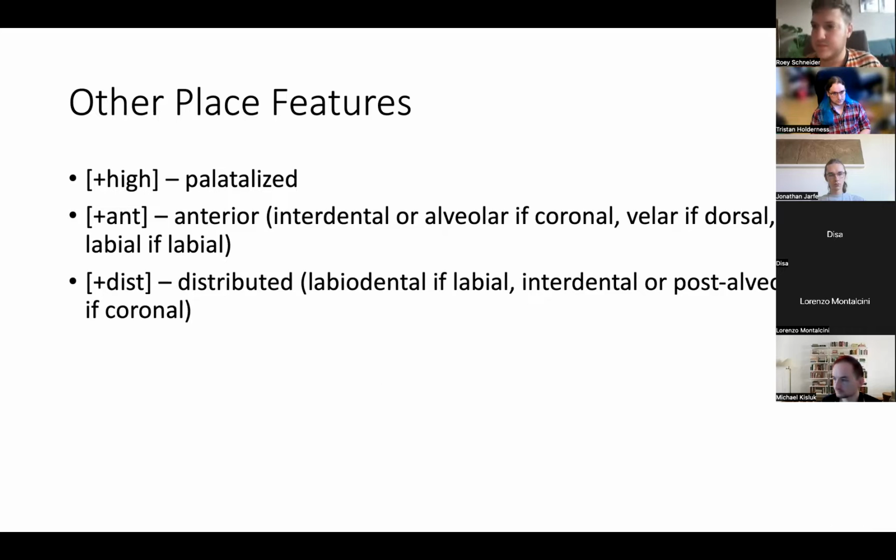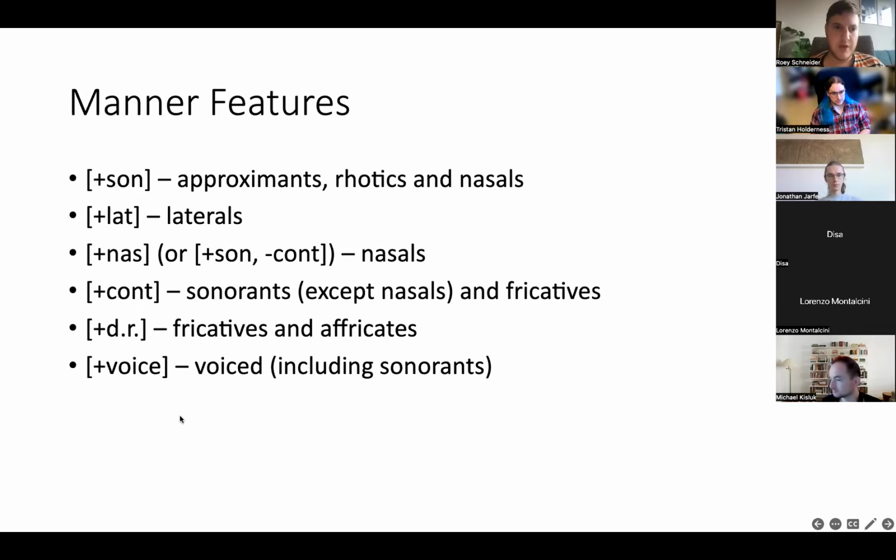More complicated or advanced place features are like high, which means palatalized; anterior, which means more to the front; and distributed, which refers to the point of contact between the main articulator and the secondary articulator. And manner features, which we will finish with.